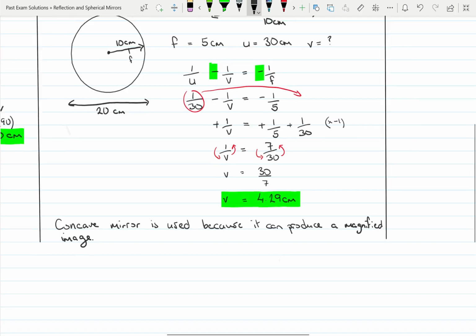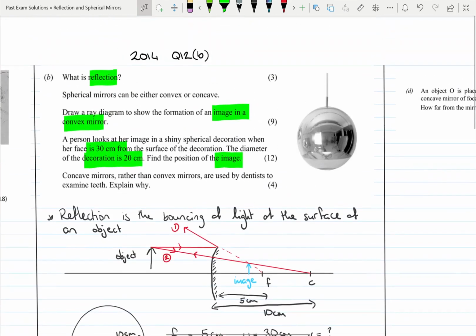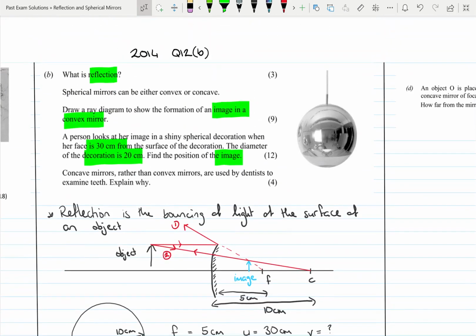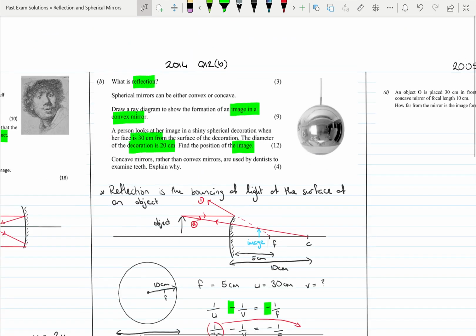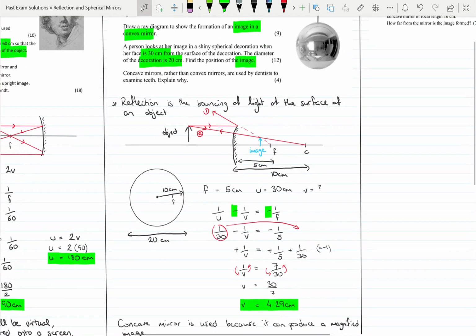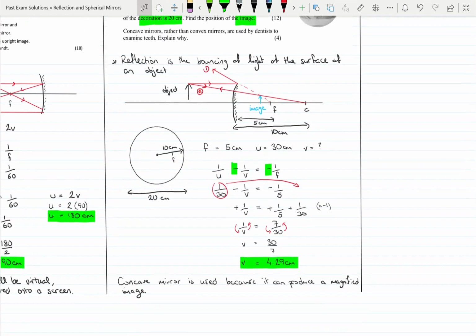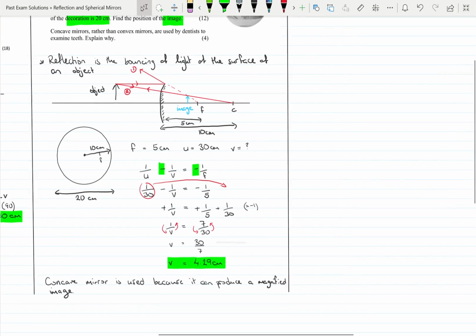Super. And that is our 2014 12B question complete. Okay, 28 marks in the bag, half a question complete in good time as well. Okay, so again, I hope that's clear to everybody.